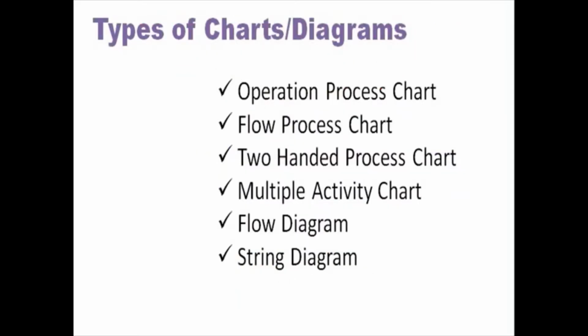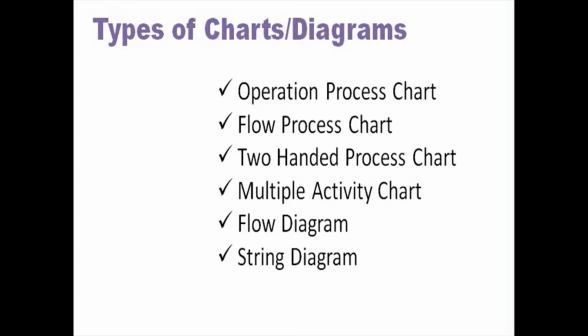To know about method study, different types of charts and diagrams are used. These are some of the charts and diagrams which we are going to discuss in this lecture. The first is the operation process chart, which is required to know about the different activities under method study, where various types of symbols are used.